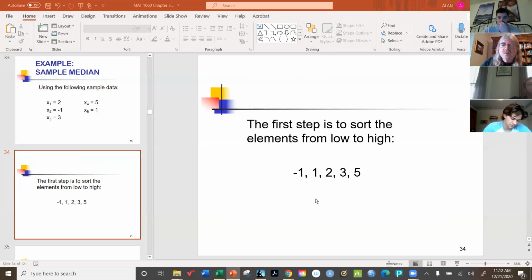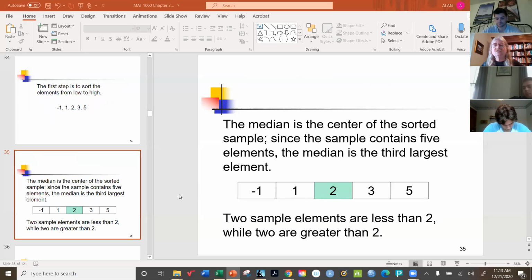What's in the middle? Well, you can see the 2 actually is in the very center of this data. And so surprisingly enough, that's all we have to do: just identify which element is in the middle. This certainly satisfies the requirement. 2 of the elements are less than 2 and 2 of them are greater than 2. So with this little graph here, I'm giving you a very unsubtle hint that 2 must be the median because it's in the middle.